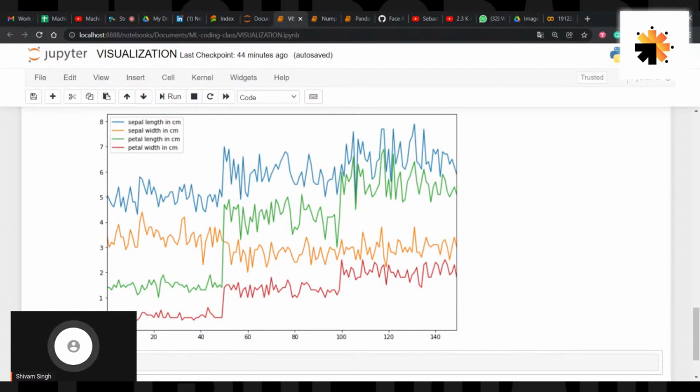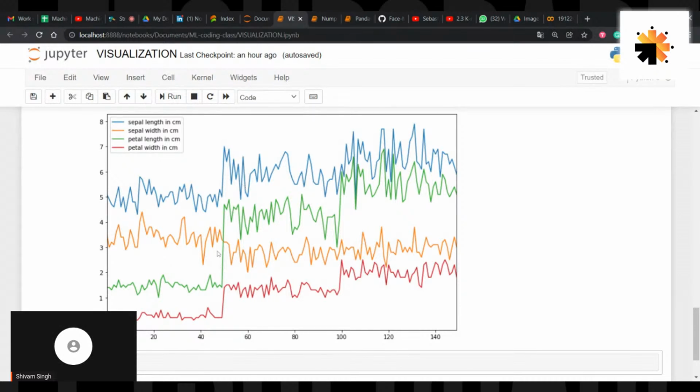If you try to see clearly, this petal length is having the maximum fluctuation. In comparison to any other feature, this particular petal length is having the maximum variation.